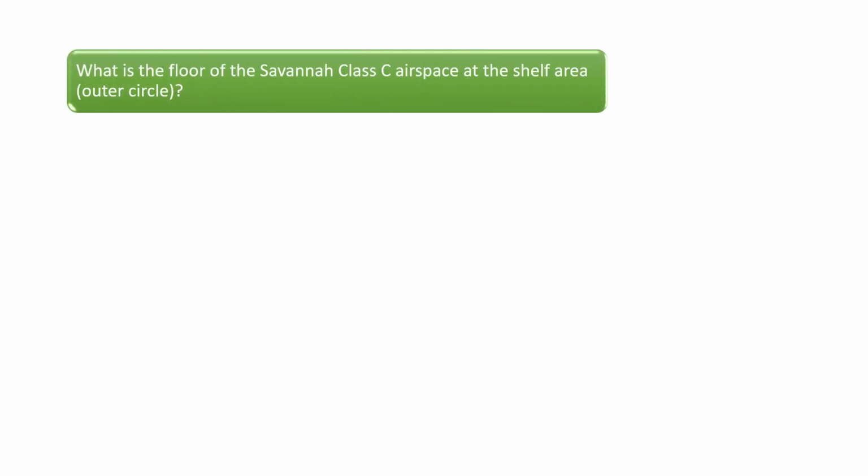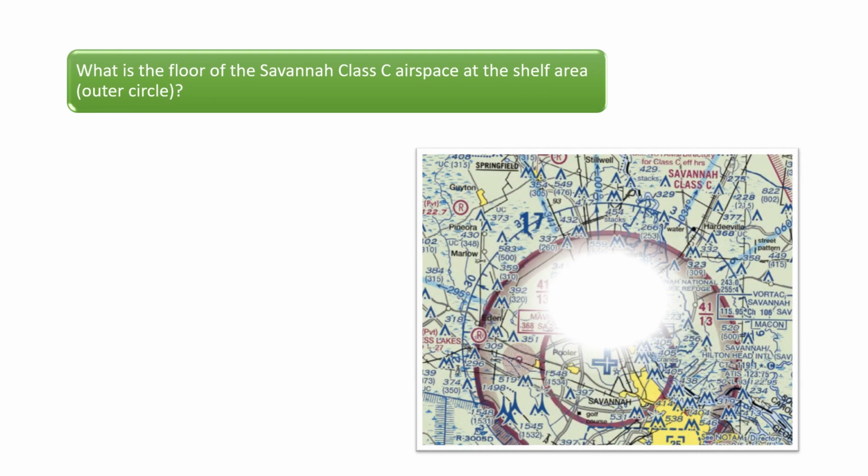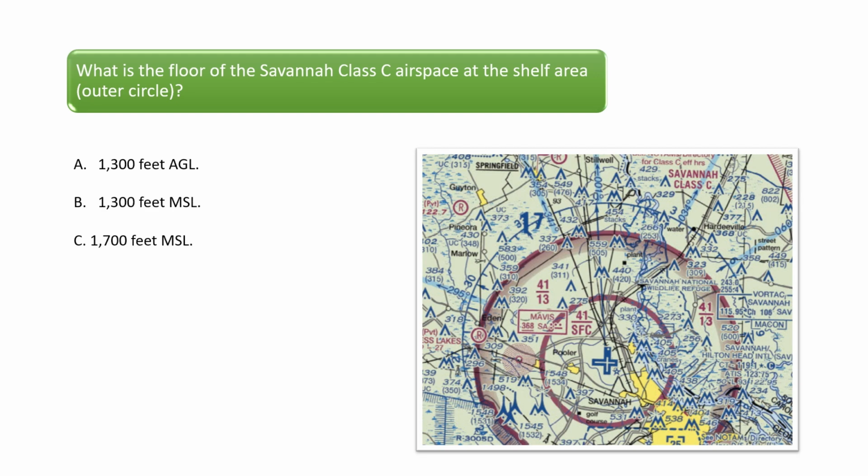Refer to the chart on the right. What is the floor of the Savannah Class C airspace at the shelf area, outer circle? This question is straightforward once you know how to read a VFR sectional chart. Notice the numbers that look like a fraction inside the magenta rings of the Savannah Class C airspace. These numbers refer to the ceiling and floor of the Class C airspace in hundreds of feet.